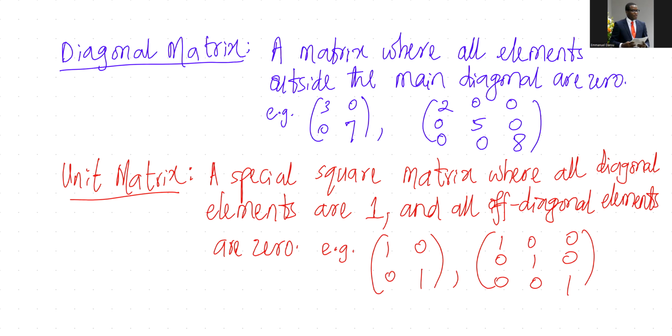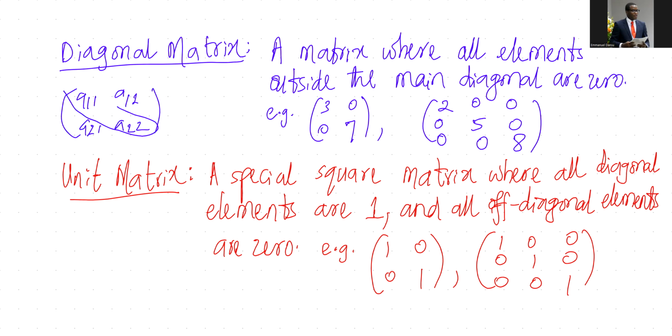Now, for every matrix, there are 2 types of diagonals. Let's imagine we have A11, A12, A21, A22. You see, this is a 2 by 2 square matrix. Now, the main diagonal, or principal diagonal, is the diagonal containing A11 and A22.